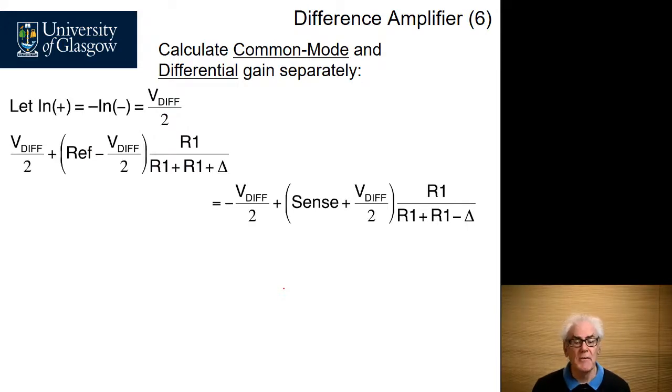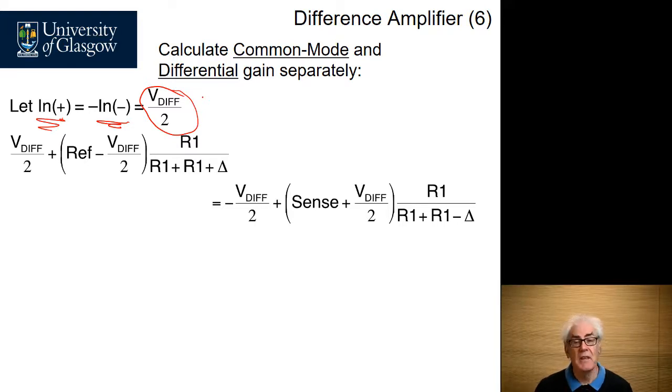In the differential case, let In plus equal the negative of In minus, and we'll call this difference voltage VDiff divided by 2. In other words, the full input voltage is VDiff, but In plus goes positive and In minus goes negative.